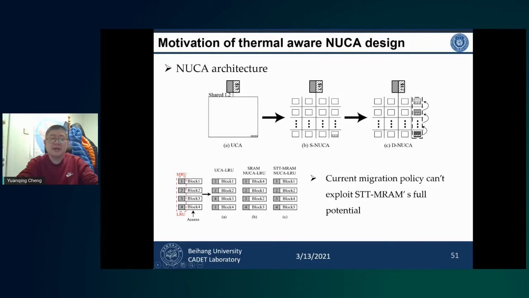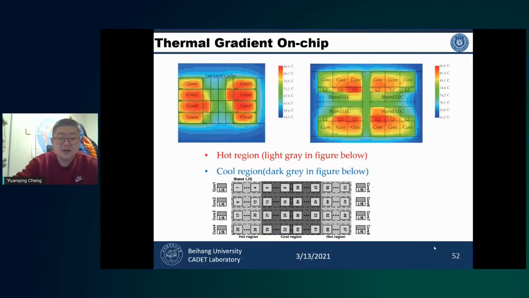But unfortunately, current NUCA architecture design only concerned the traditional SRAM structure, and they do not take full advantage of STT-MRAM's unique property.